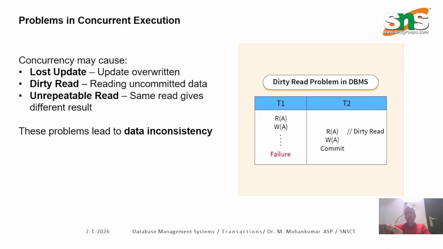Let us take an example. If you are filling in an application form online, and at that time a system failure or network failure happens, and you have already filled 2 or 3 pages, after resuming our network or power, we no need to enter all the information from the beginning.